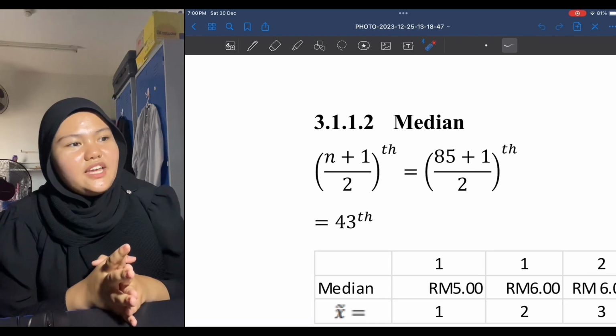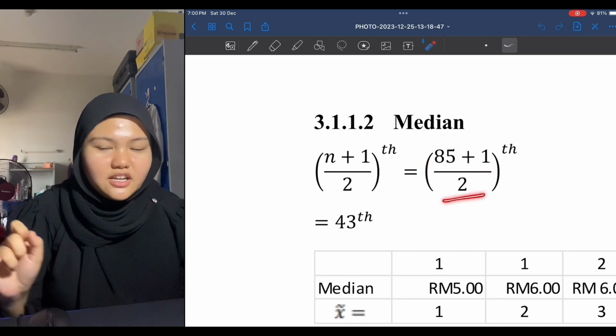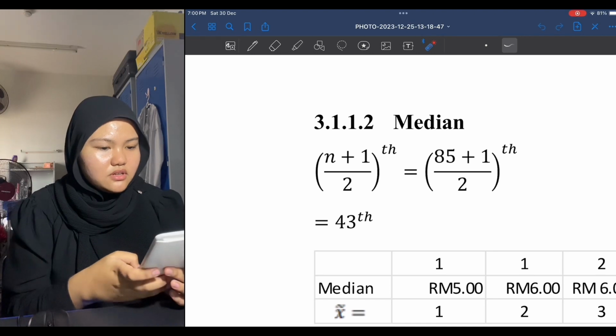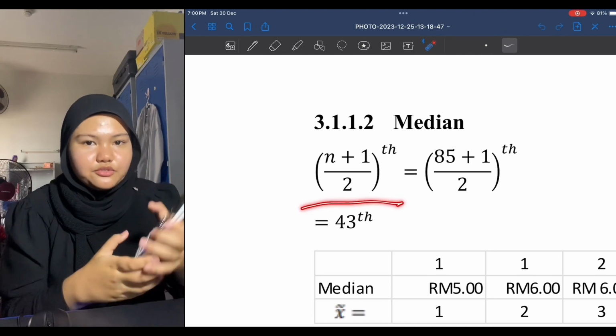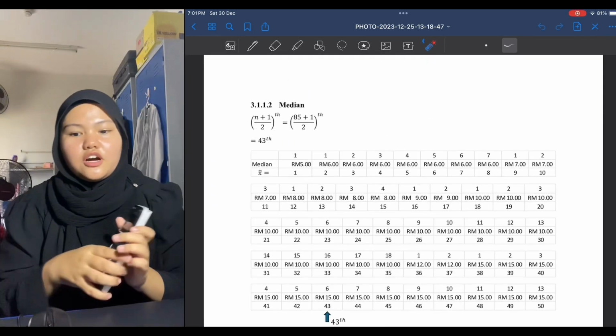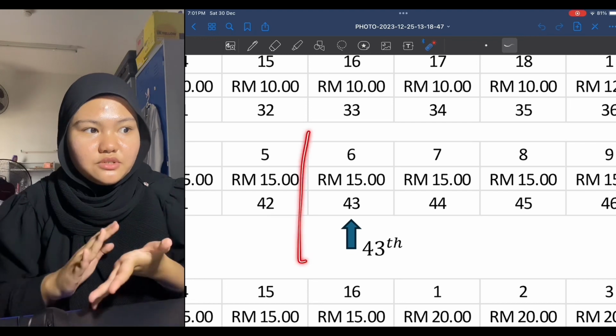So n is our sample, which is 85, plus 1, and divide by 2. The answer is 43. So our median value is located at the 43rd place.